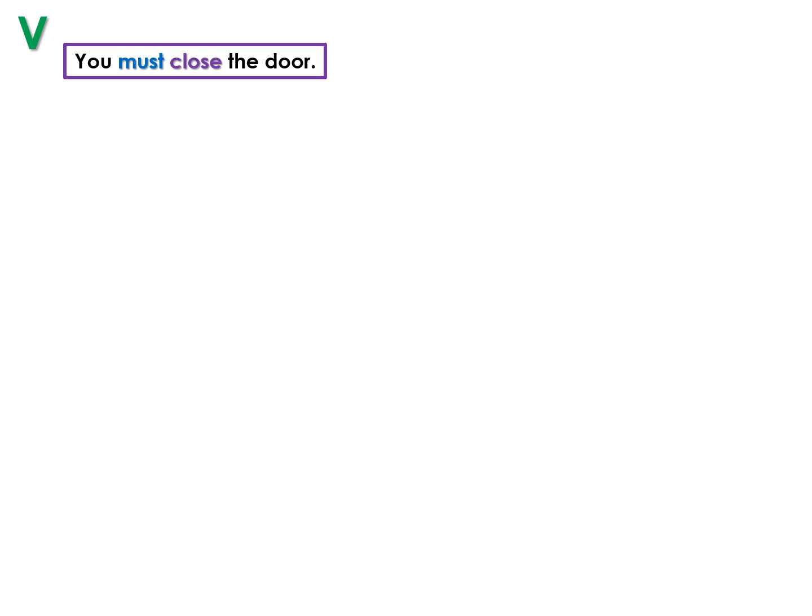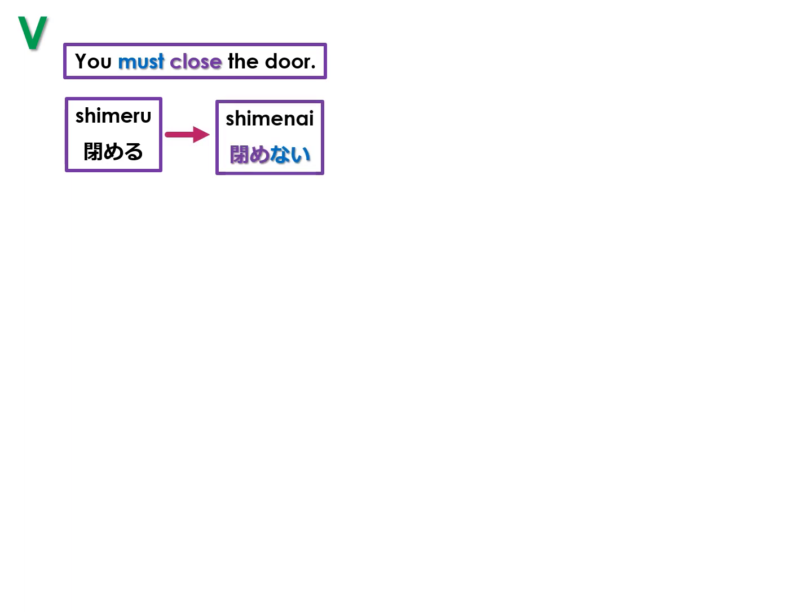Next example is still a verb. You must close the door. The verb to close is shimeru, and its nai form is shimenai.